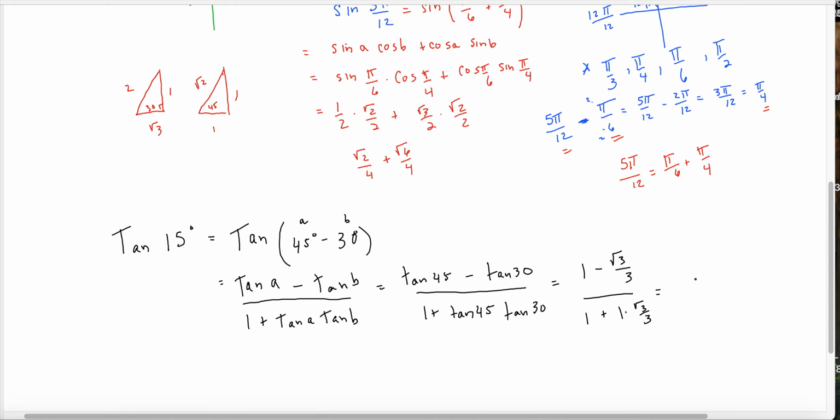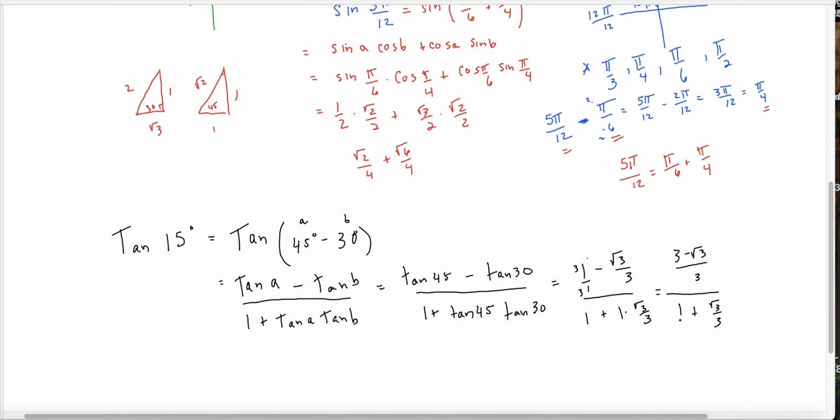So let's think about the arithmetic here. I want to think of 1 also as a fraction, so I can rewrite that as 3 over 3. So 3 minus root 3 is my numerator, 3 is my common denominator, and then this is over, so let's see, this is going to be 1 plus root 3 over 3.